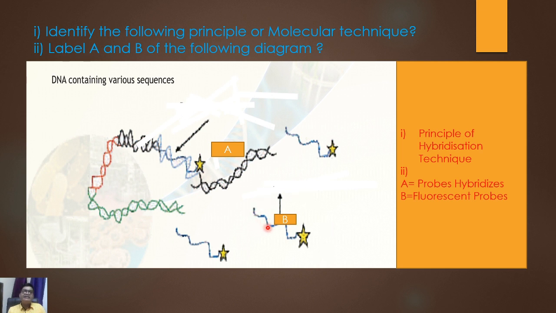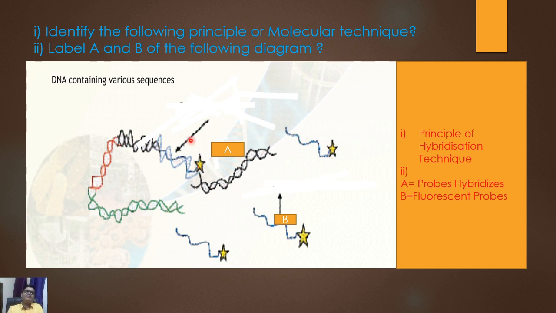So it clearly indicates that this B, that is the label, is the probe. You have to write down that B is the probe, and A is the probe hybridized, meaning binding of the probe with the complementary sequence of the unknown DNA sample. This principle is the principle of hybridization techniques, related with Southern blotting. You must know this, because a question may be asked from the diagrams of your books.